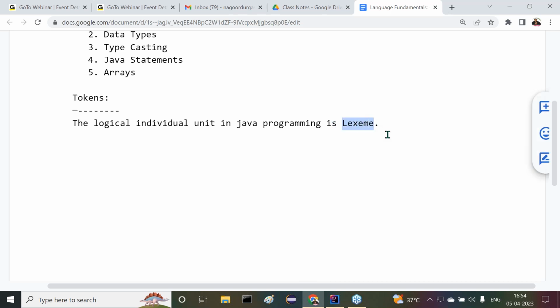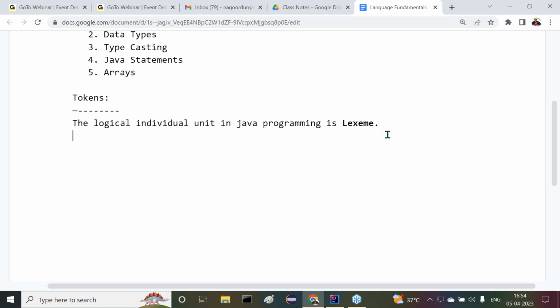Now I'm giving the definition for lexeme, not for token. Observe carefully. The logical individual unit in Java programming is a lexeme. I will give in practical what exactly the meaning of lexeme is.